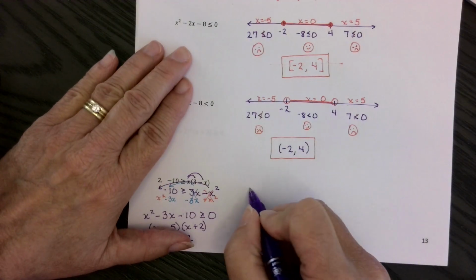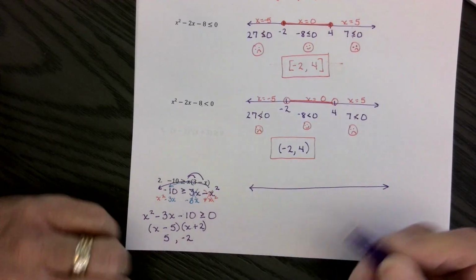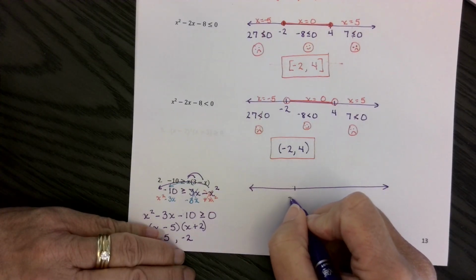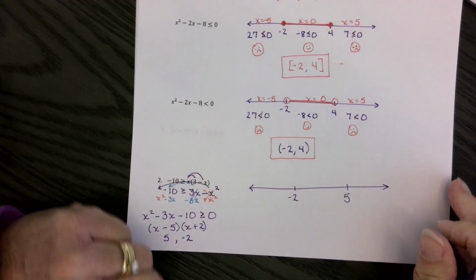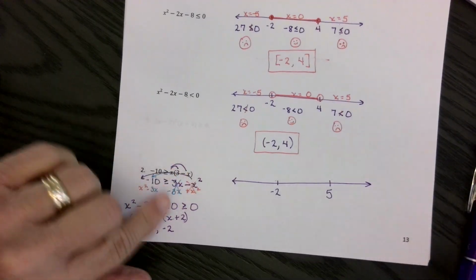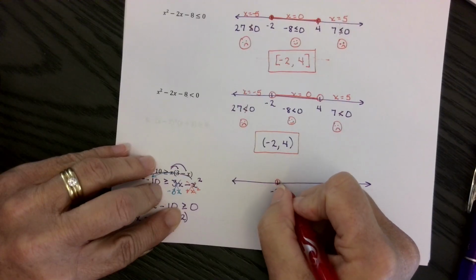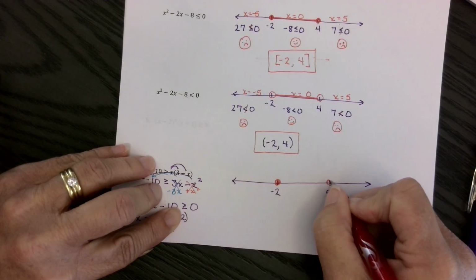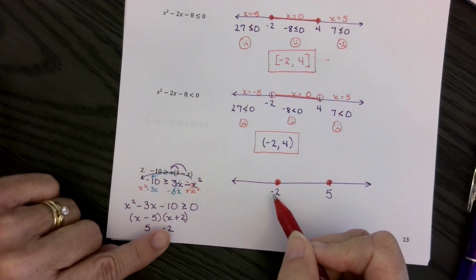All right, put them on a number line. Put the smaller one on the left, that would be -2. Larger one on the right, which is 5. You can put all your other numbers, I'm just lazy. All right, because it's got to equal, solid circles. And the reason it's solid is because these are our zeros.